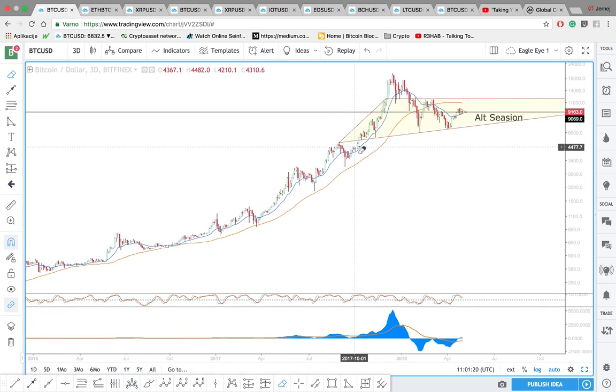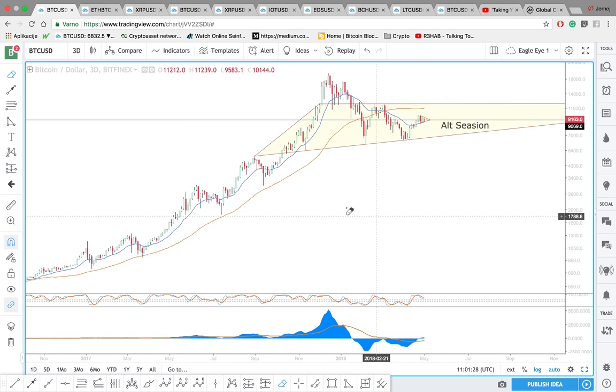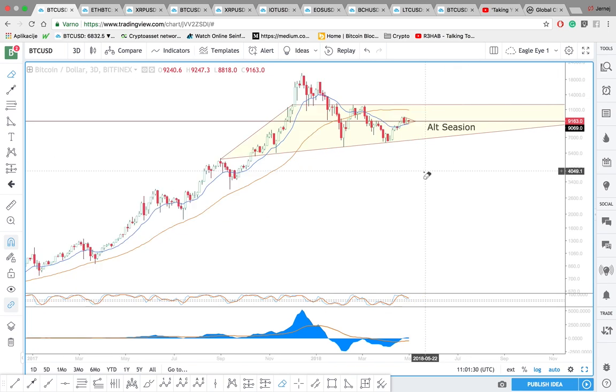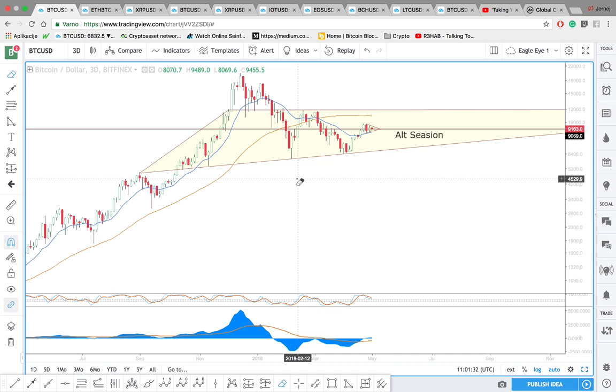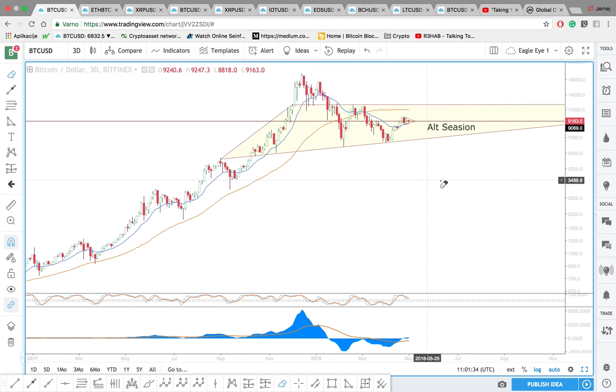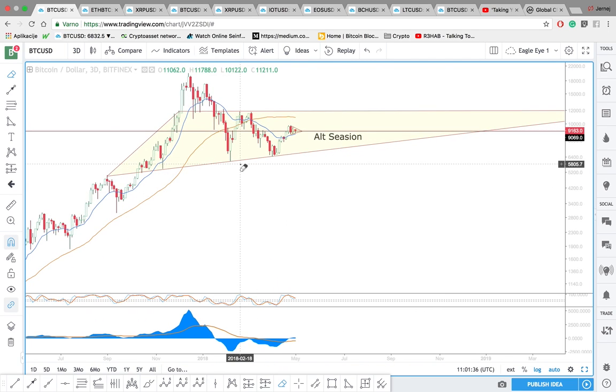and how each year we had a triangle like that, and then it was not like that. Sometimes it was symmetrical, sometimes it was like this, and then we either broke to the upside or to the downside. And this is more of a bullish triangle, as we saw before, because the bottom line is going up but the higher one is flat.